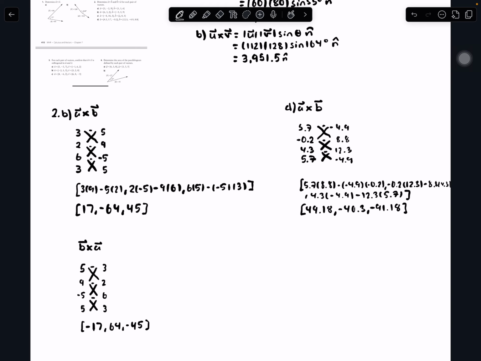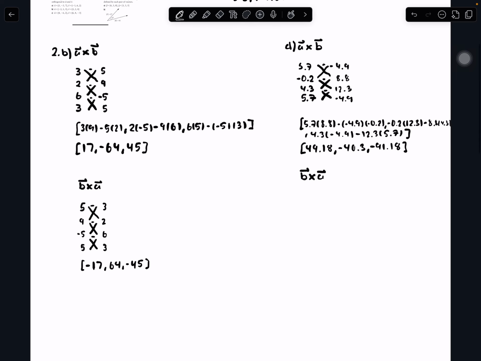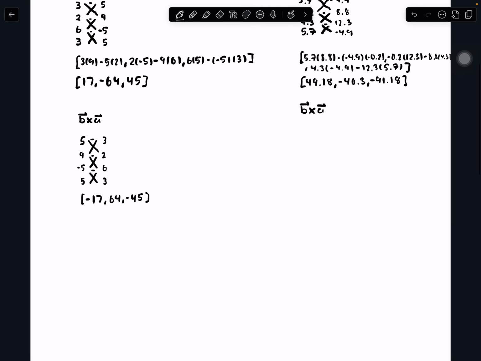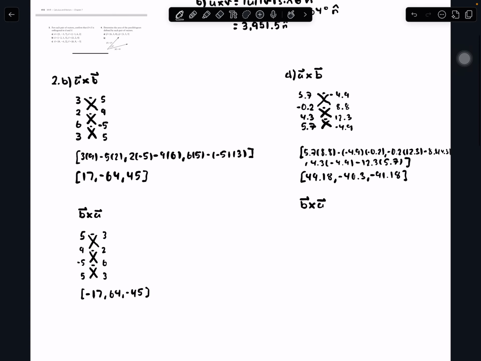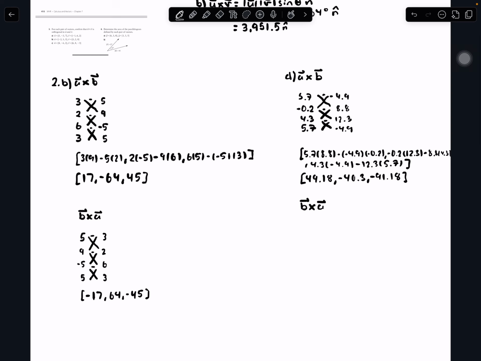Now let's do B cross A. How much space do I have left? Decent amount. Okay, B cross A next.